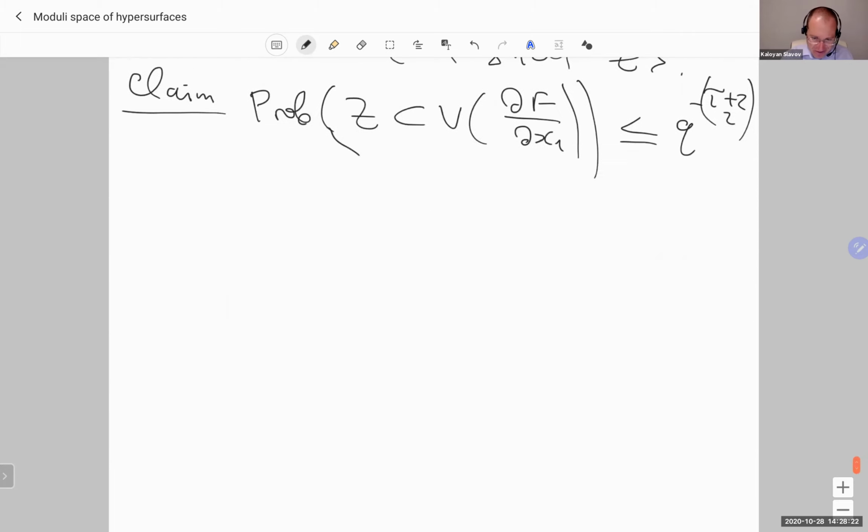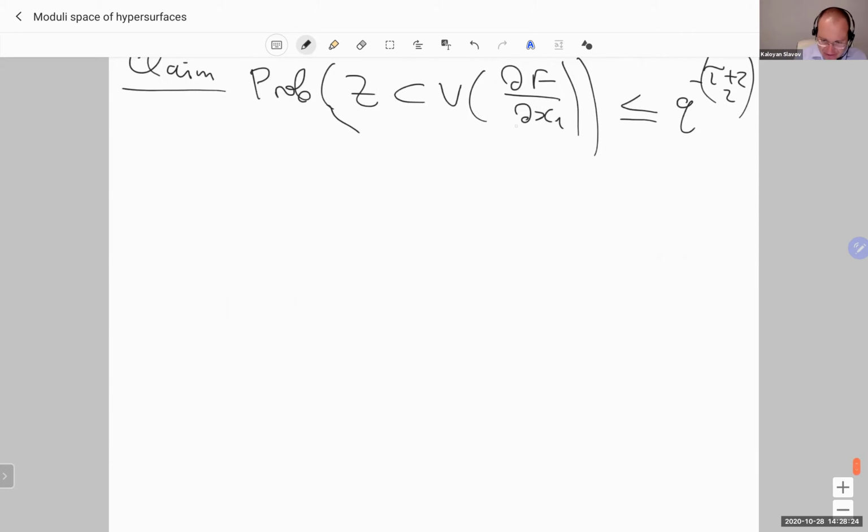Okay, now let's play with this. df/dx1 was df0/dx1 plus g1 to the pth power. Yes, this is by the way we were splitting the partial derivatives. Okay, let I be the ideal of z.